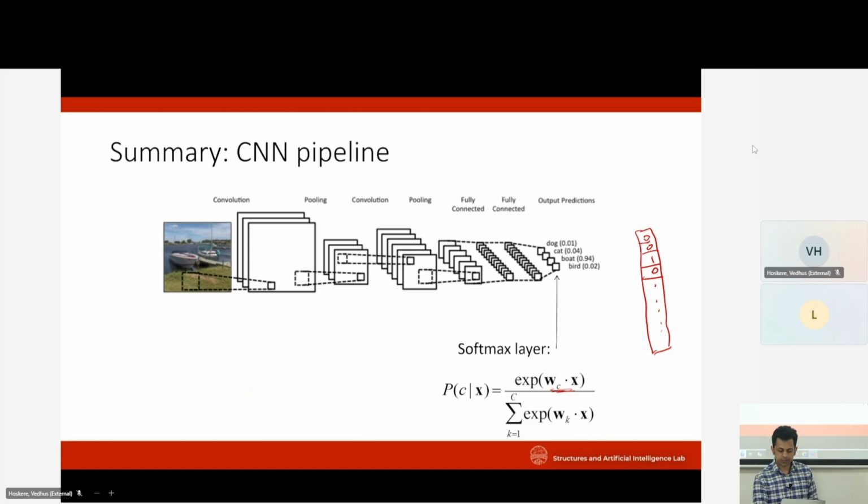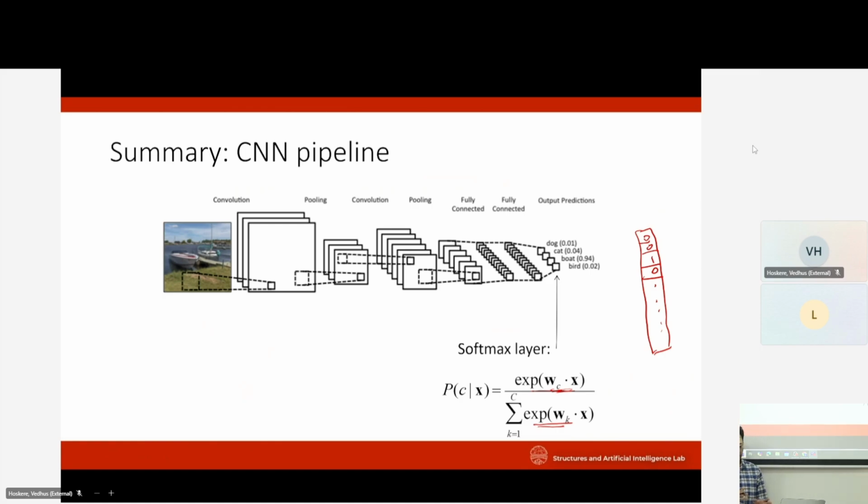And I can exponentiate each of those quantities, and then I simply take each of the exponentials divided by the sum of all the exponentials. So when I exponentiate it, it will make sure that it's positive, right?